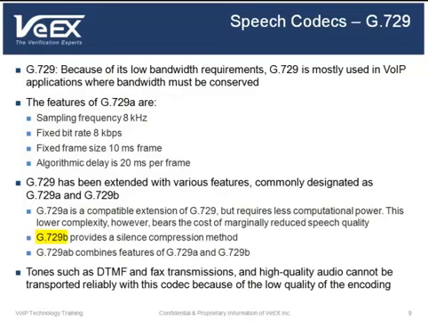G729AB combines the features of both G729A and G729B. Tones such as DTMF and fax transmissions, as well as high-quality audio, cannot be reliably transported with a G729 codec because it encodes at a low quality.